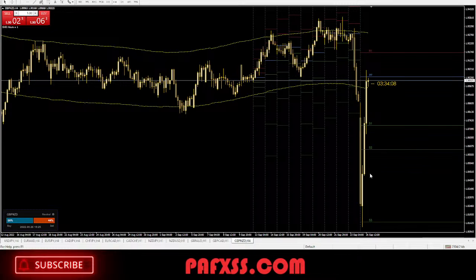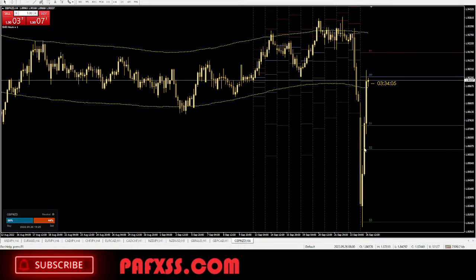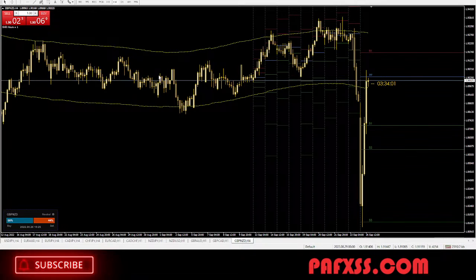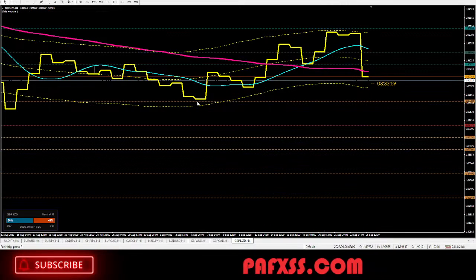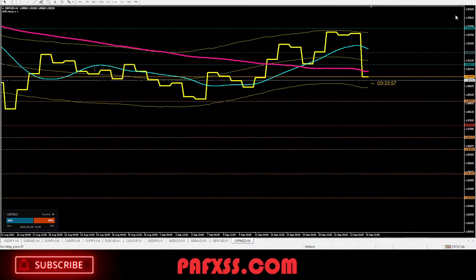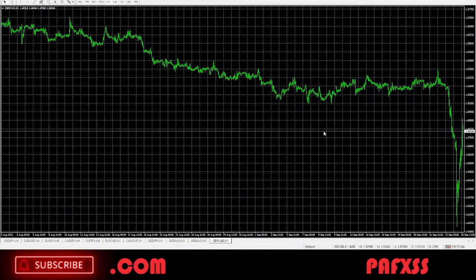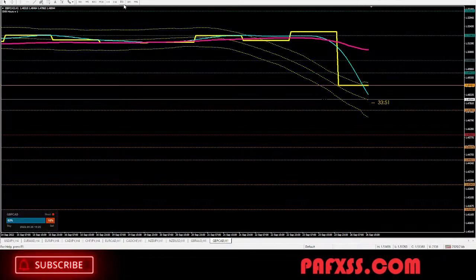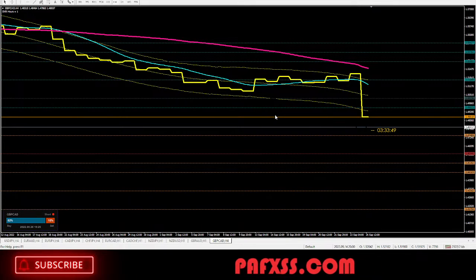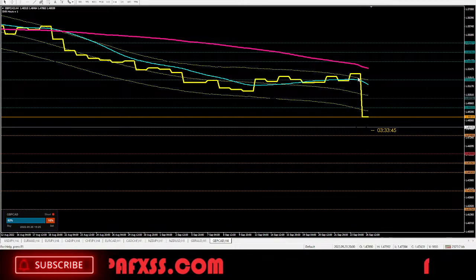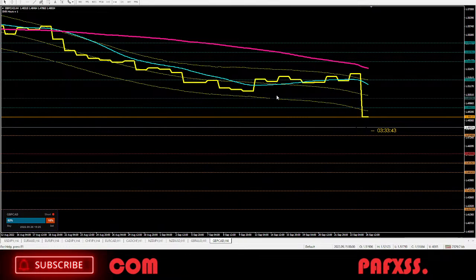Yeah, look at that. Look at GBP NZD. It's shooting back up. Close that one. This one is GBP CAD. See what I'm saying? Look at this one. I guess we missed this one.